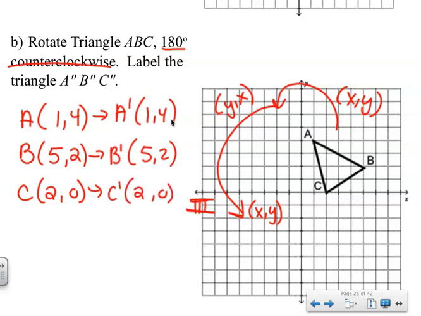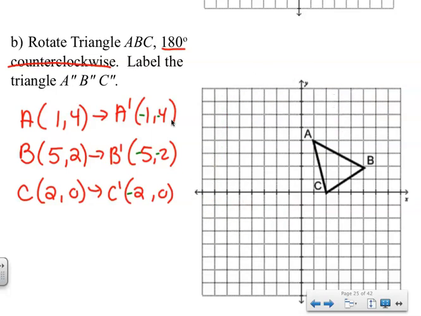Okay, but I do need to check the signs of my quadrant. So if I move twice, I'm in the third quadrant, which is negative, negative. So I need to make every single one of those numbers negative and 0 is okay. So then I would graph that new shape. So I'm going to erase this so we can get some graphing.